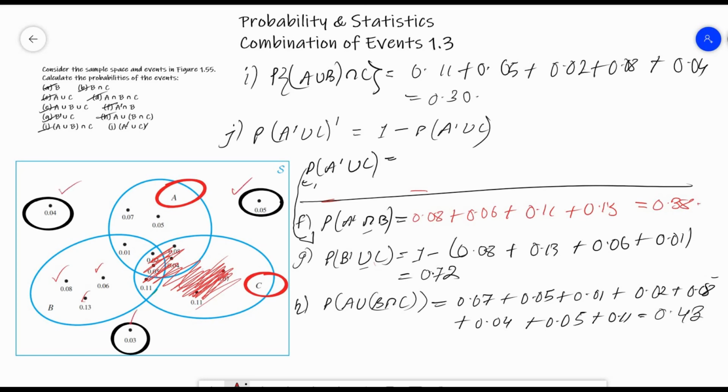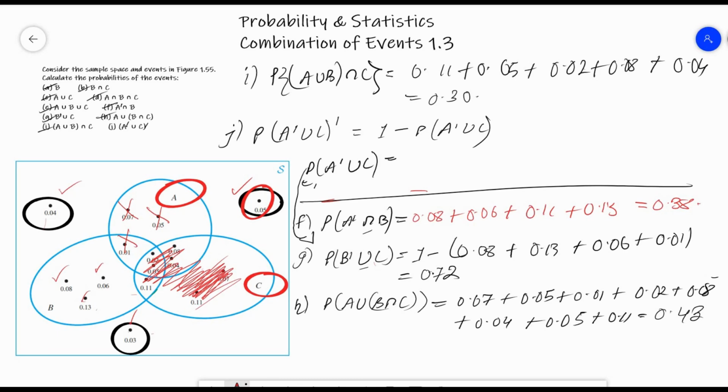Now we'll cancel out this one, and again we'll have to cancel out this one. Now this is because we take all the elements that are not in A but in C. So these are in C and these elements are not in A. So as this one falls in A, we cancel out this one, but these don't fall in A. So we take all these other elements.